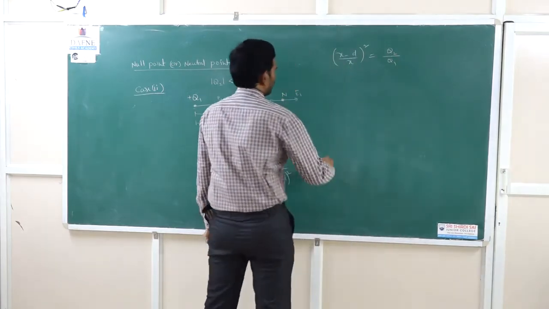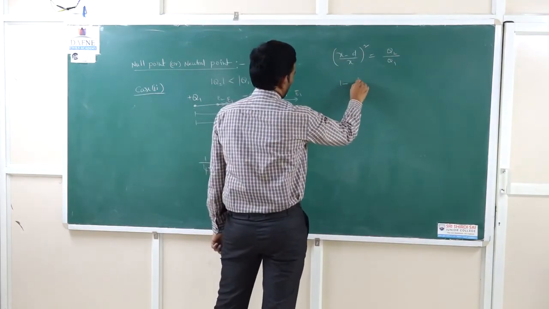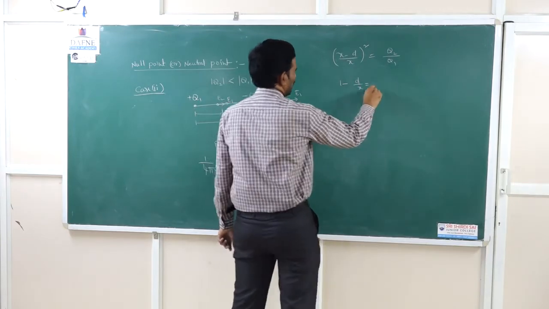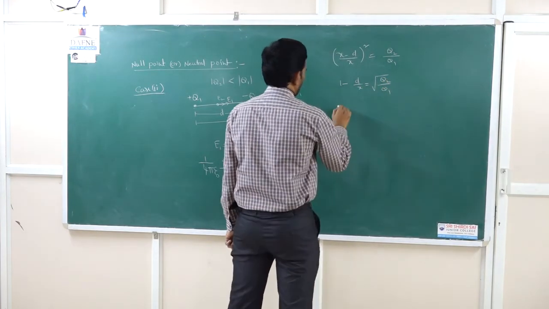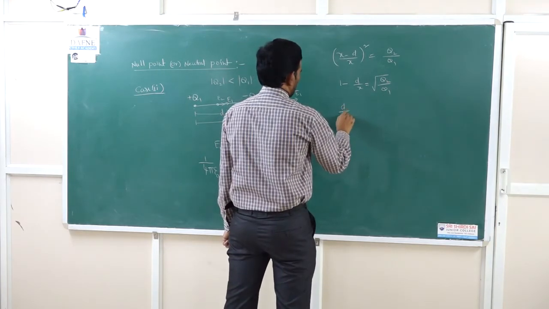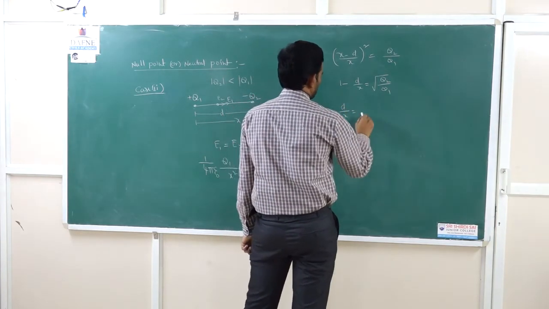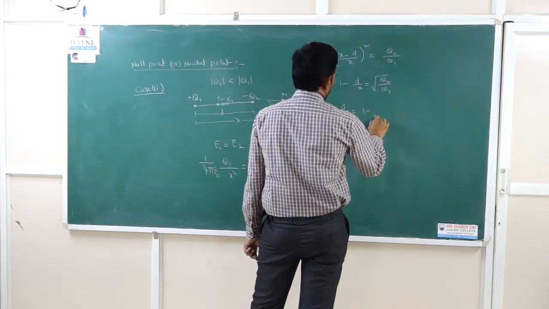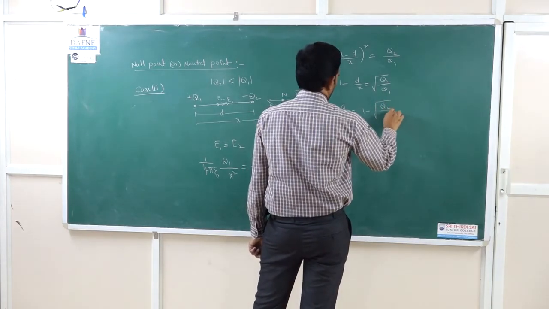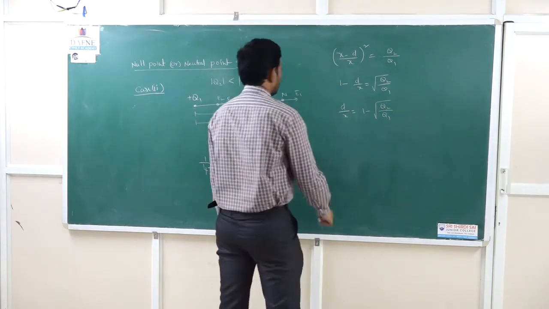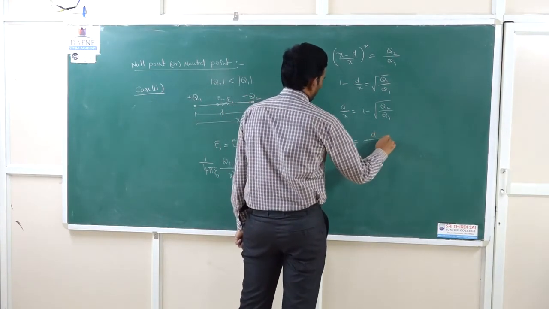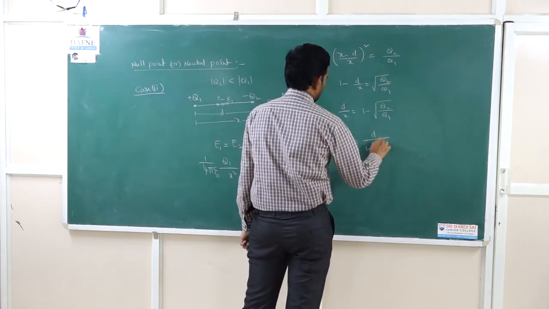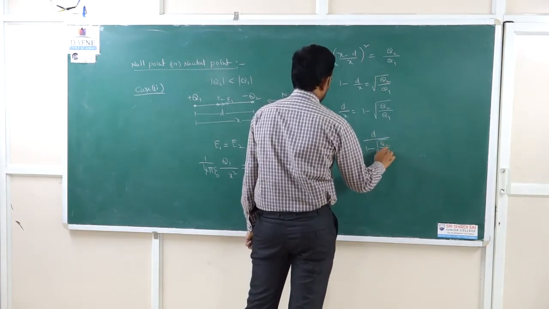So I can write 1 minus d by x is equal to root of Q2 by Q1, or d by x is equal to 1 minus under root of Q2 by Q1, and therefore x is equal to d by 1 minus under root of Q2 by Q1.